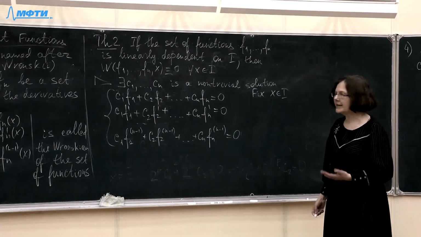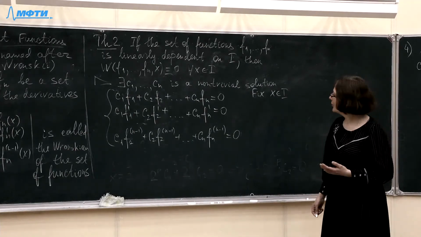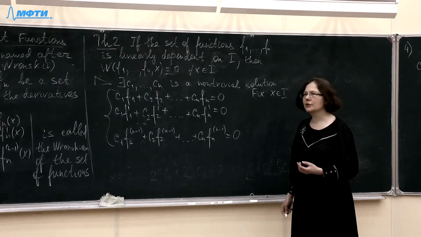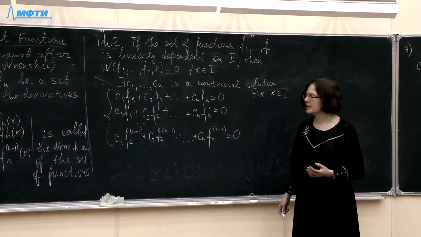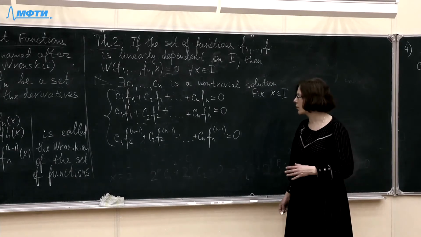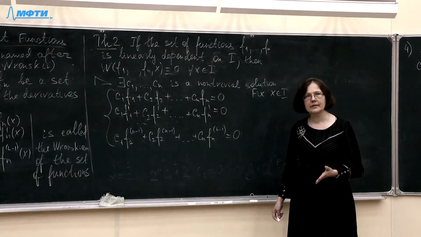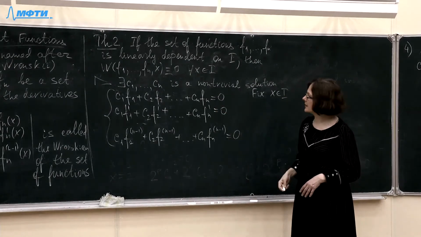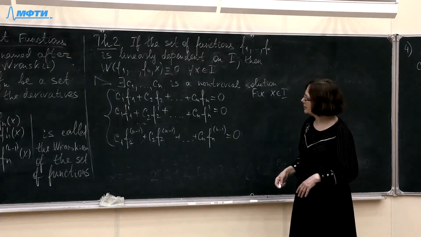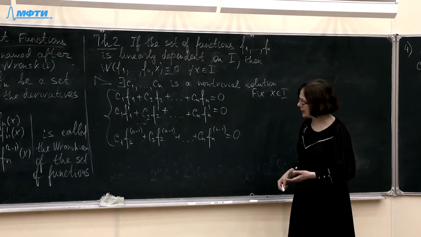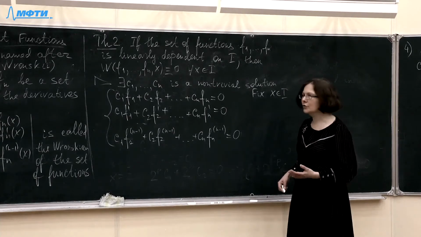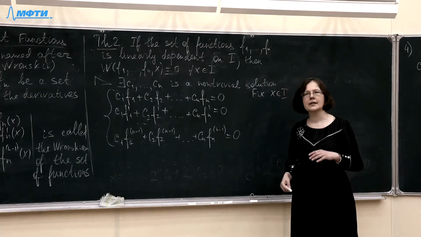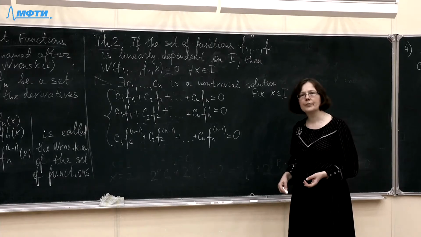But from linear algebra, we know that existence of a non-trivial solution can be interpreted in terms of determinants. A linear system of homogeneous equations has a non-trivial solution if and only if the determinant of coefficients is equal to 0.